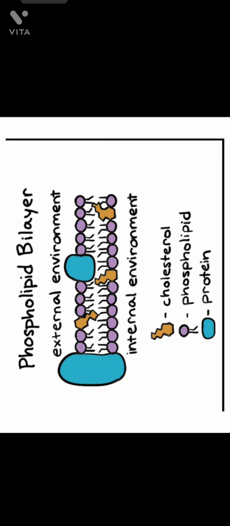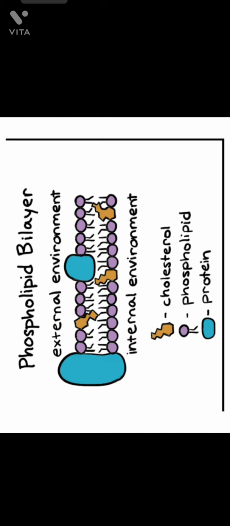The heads are hydrophilic, hydrophilic means water loving, and the tails are water hating. Hence, no transportation takes place directly. Because of this, the integral proteins and peripheral proteins are present for the transport of ions and gases.